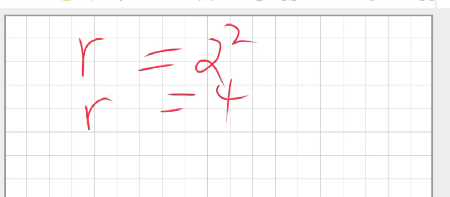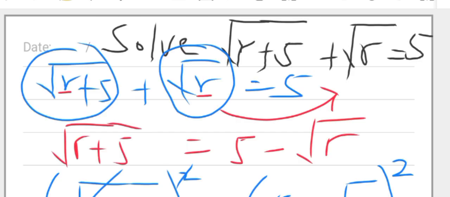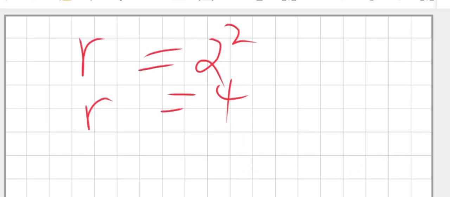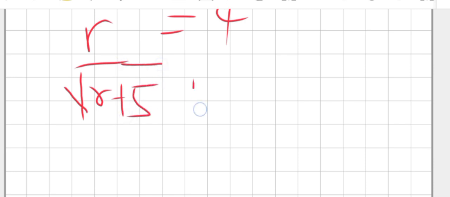Now let's go back and check the question. According to the question, let's put our r inside to see if it is accurate. We have root of r plus 5, plus root r, which should give us 5.